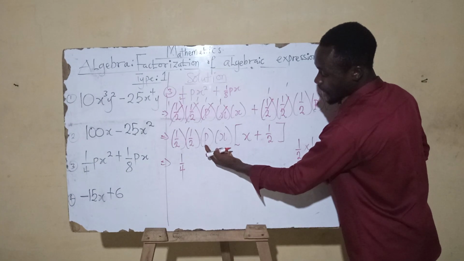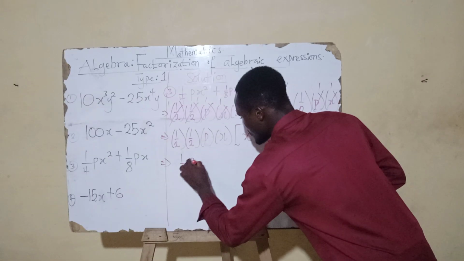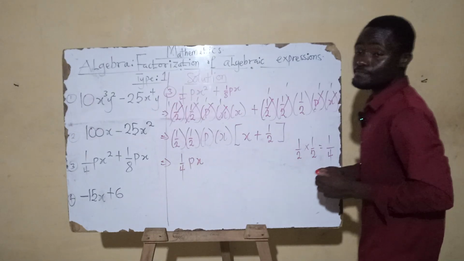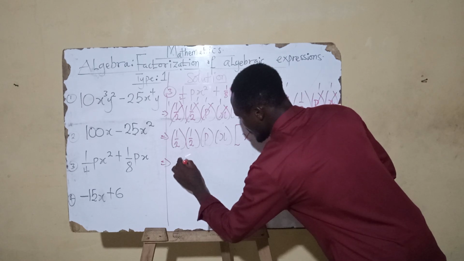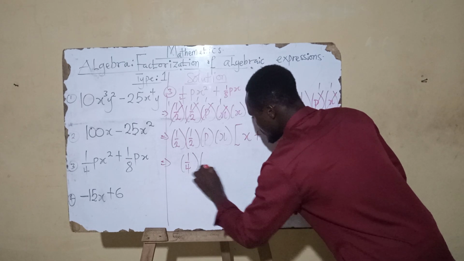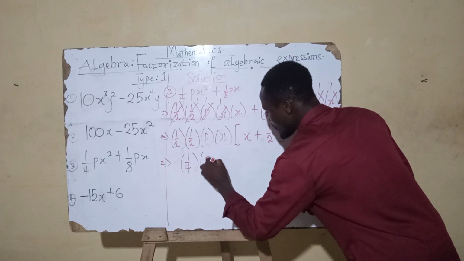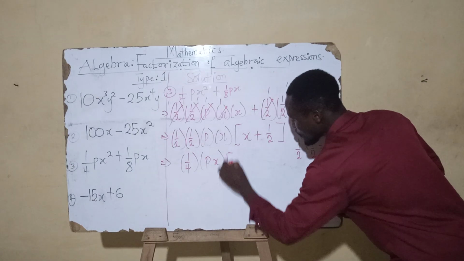Then here, to multiply this by that, we are getting px. Are you following? Let me write it well. Here we took this and then we had 1 out of 4, and to be multiplied, we are getting px. So I'll open my big bracket.